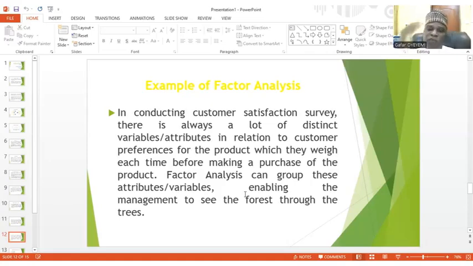So factor analysis will help in grouping or factoring these variables into fewer numbers, maybe 3, maybe 4, maybe 5, just manageable ones, so that it will help the management to see the forest through the trees, that is, have more insights about the customer preferences for their products.